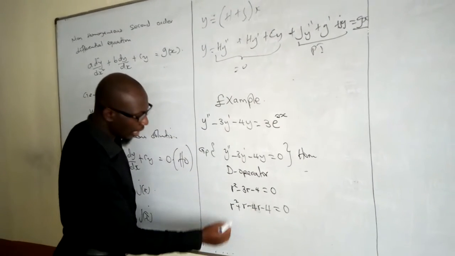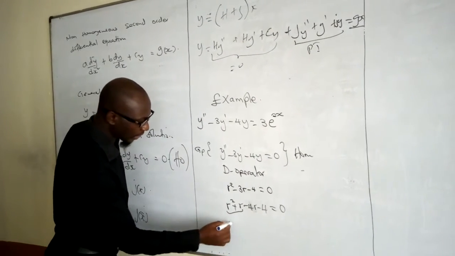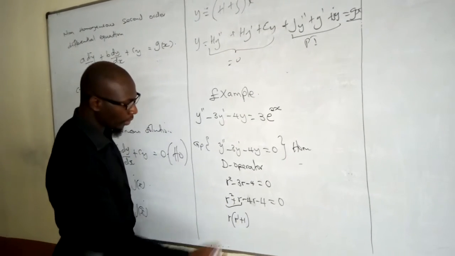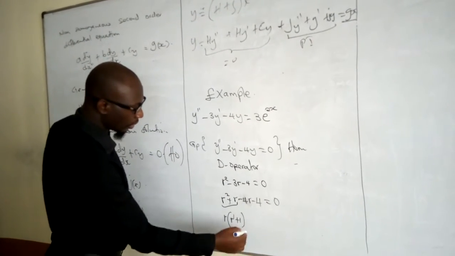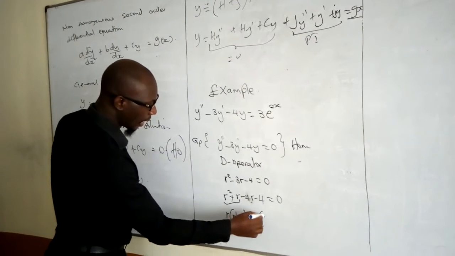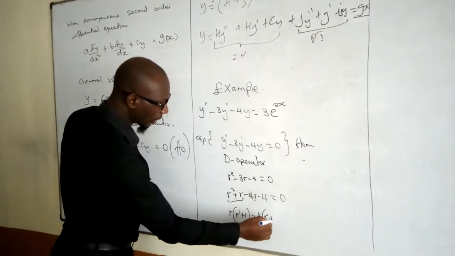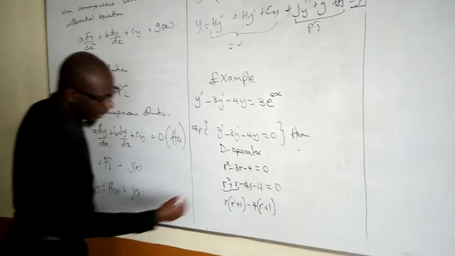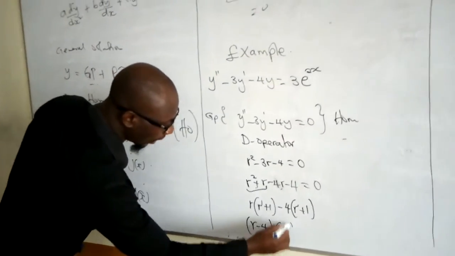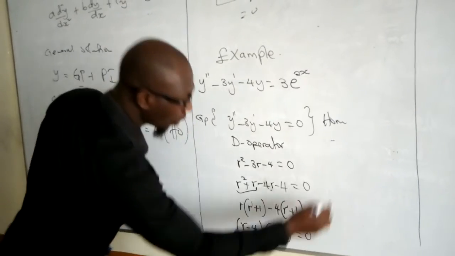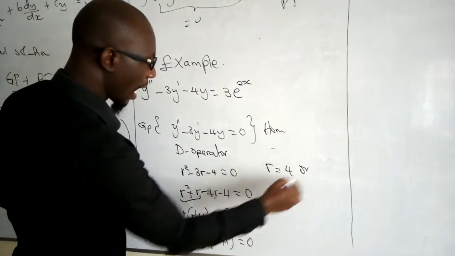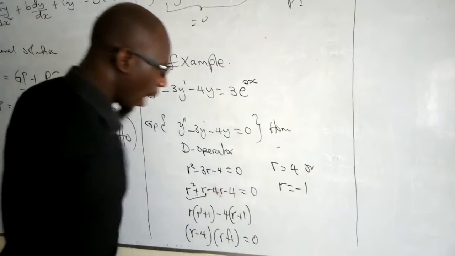If you factor out within the first two terms, r is common: r times r plus 1. In the last two terms, negative 4 is common: negative 4 times r plus 1. The two brackets are the same, so you can factor r minus 4 into r plus 1 to be equal to 0. So r is either 4 or r is negative 1.